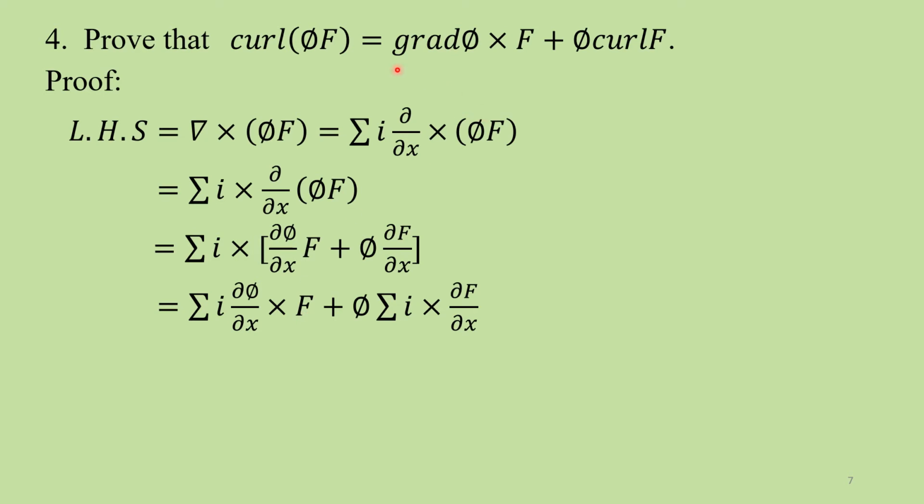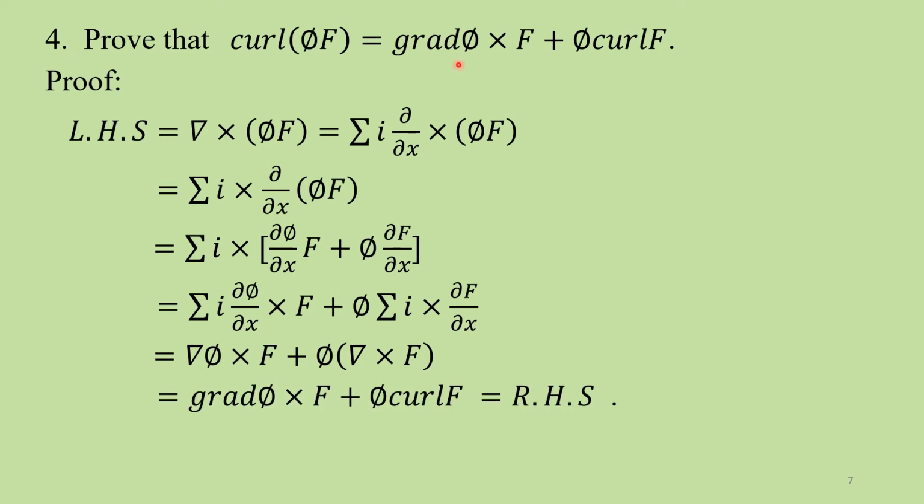So which gives the first term of the proof, that is grad phi cross f, cross product between grad phi and the vector point function f, plus the second summation, summation i cross phi times dou f by dou x, where phi I have taken totally out, that is phi times summation i cross dou f by dou x, or which in turn I can say it is summation i dou by dou x cross f. Summation i dou by dou x cross f means del cross f, which is nothing but curl f. So I have finally the result which we require: grad phi cross f plus phi times curl f.